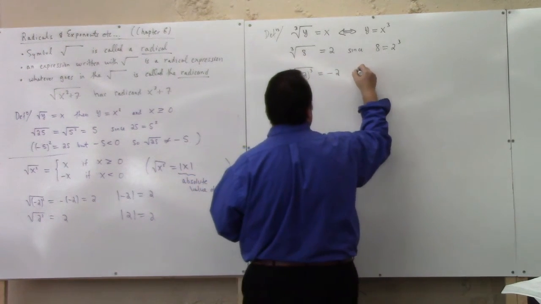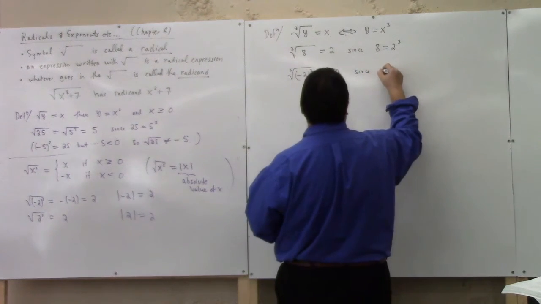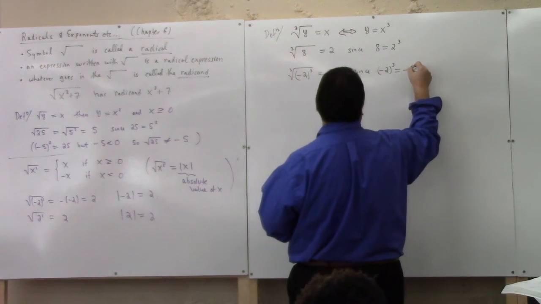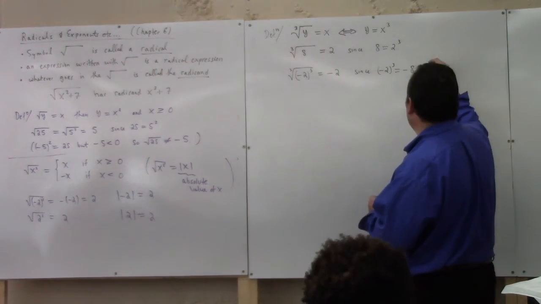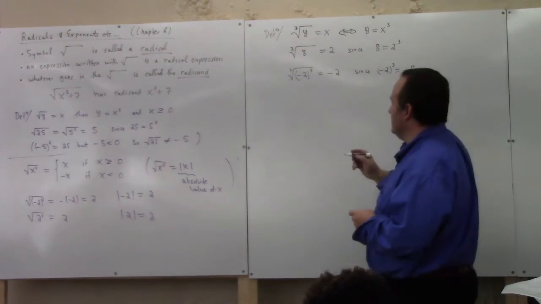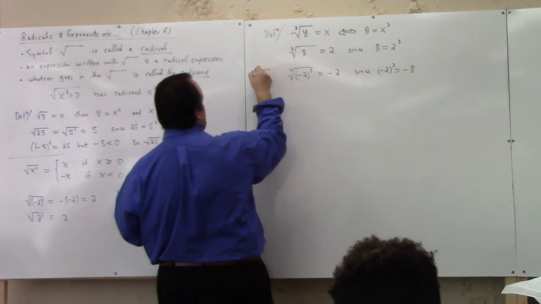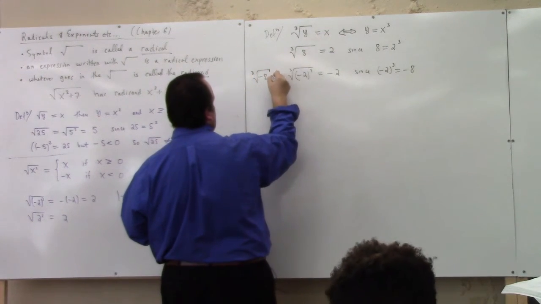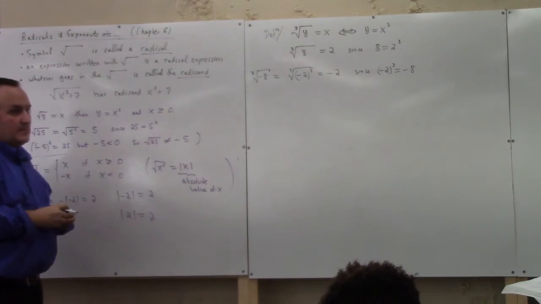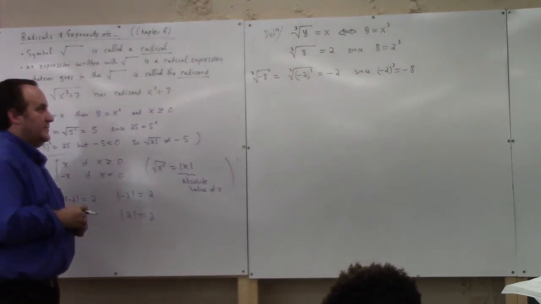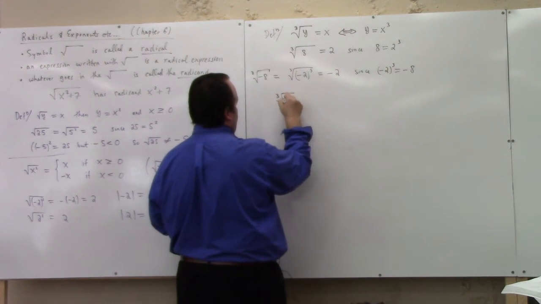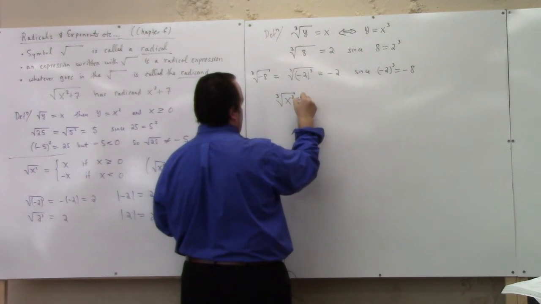It's minus 2, since minus 2 cubed is minus 8. So what I'm telling you is it is true that the cube root of x cubed is equal to x.